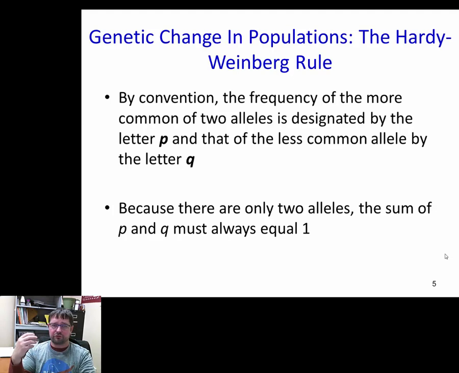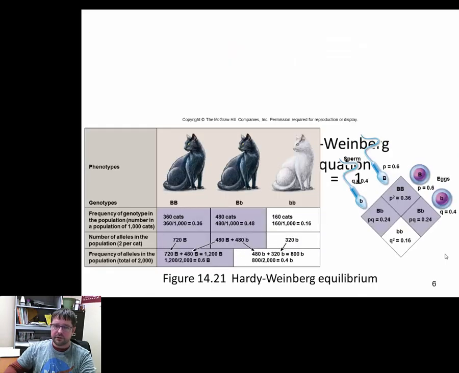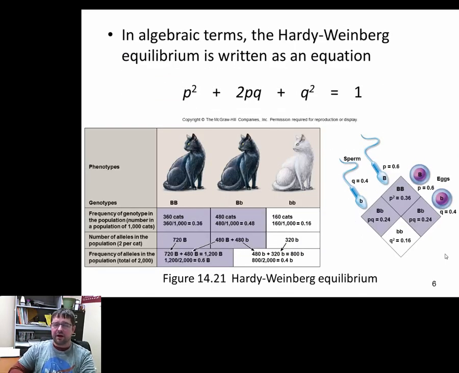But often what researchers are interested in is looking at a bunch of traits that might have changed over a given amount of time. Okay? You also have another equation. You had p plus q is equal to 1, but then you also have another equilibrium equation of p squared plus 2pq plus q squared is equal to 1.